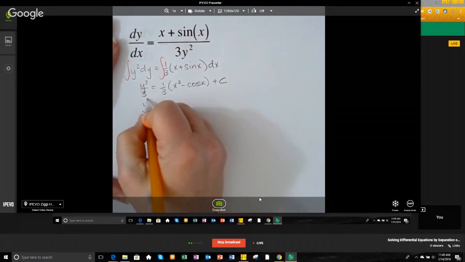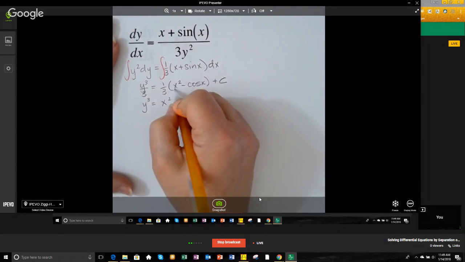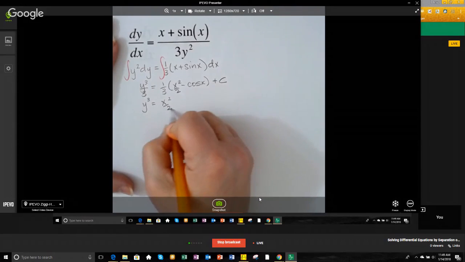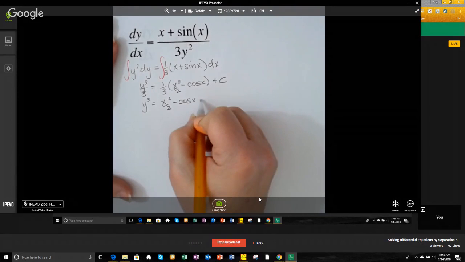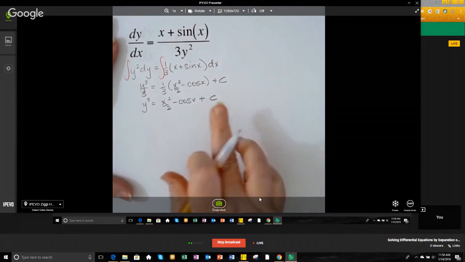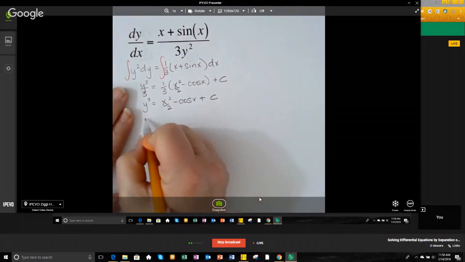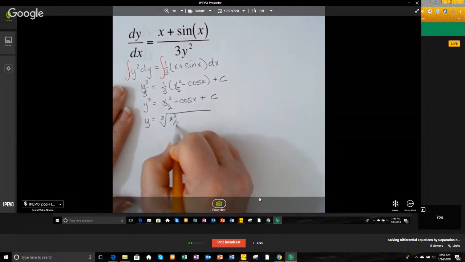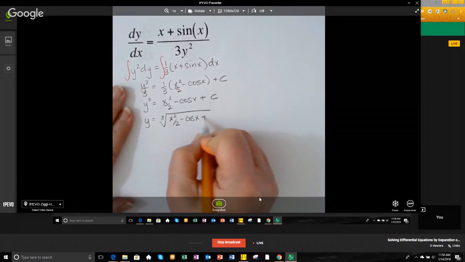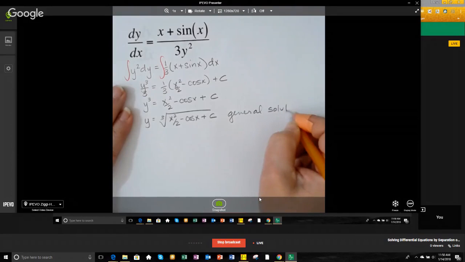And we get y cubed equals x squared over 2 minus cosine x plus c, because 3 times c is just another c. And now we're going to take the cube root of both sides, and we get y equals the cube root of x squared over 2 minus cosine x plus c, and this is again the general solution.